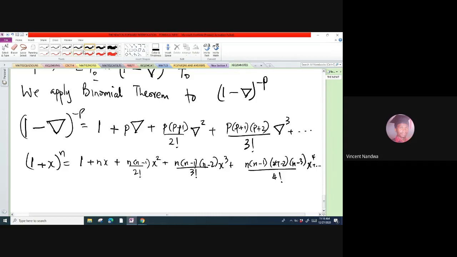So this is the definition of the binomial theorem. These are, by the way, to explain how we are arriving at that answer.